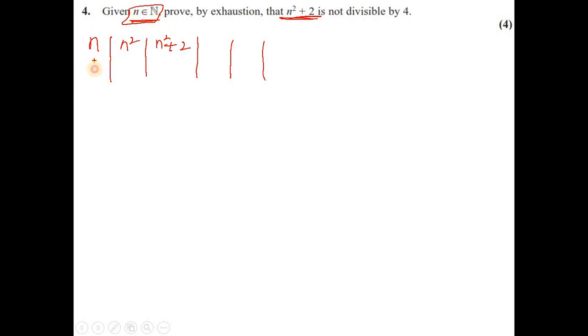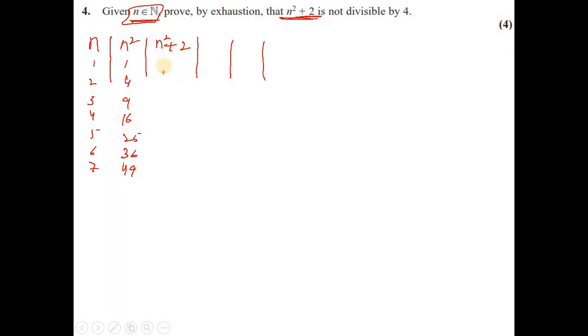Let's say n is equal to 1, 2, 3, 4, 5, 6, 7, and you can keep going on. If you wish, you can do till 10, but I'm doing till 7. So these are the values of n, and n square is 1, 4, 9, 16, 25, 36, and 49.